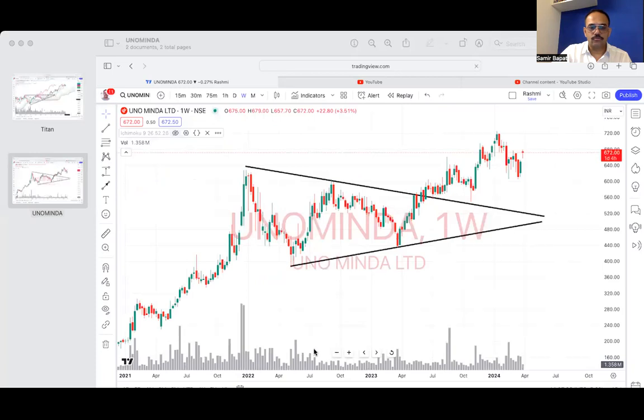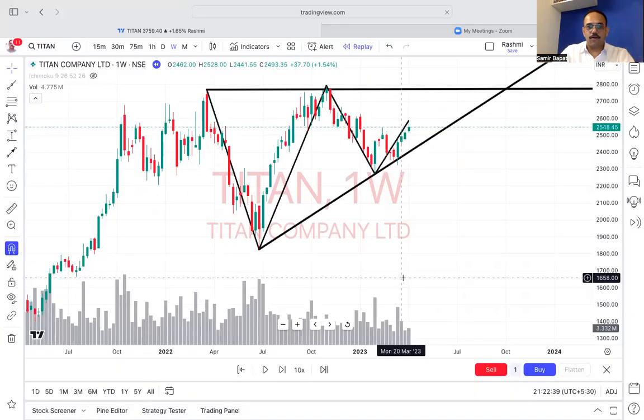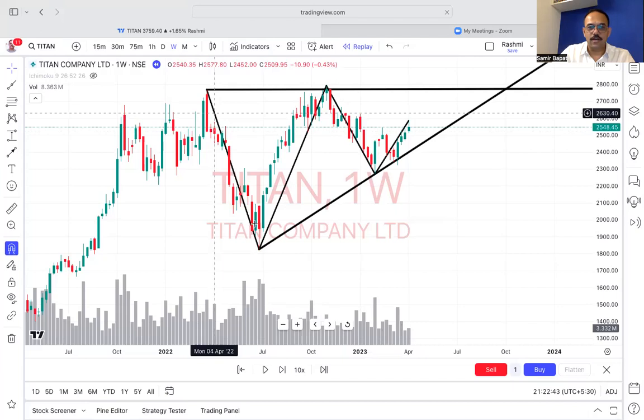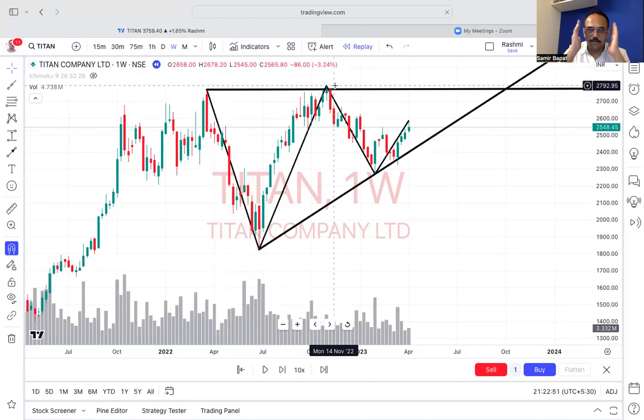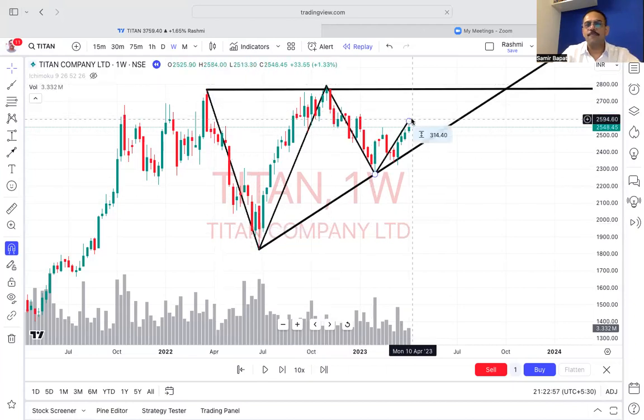It is having all the finer points which I mentioned here. So it is having higher lows, same level highs, plus the finer point of V shape. We are able to cleanly see the V shapes going down, coming up, going down, coming up on the way.